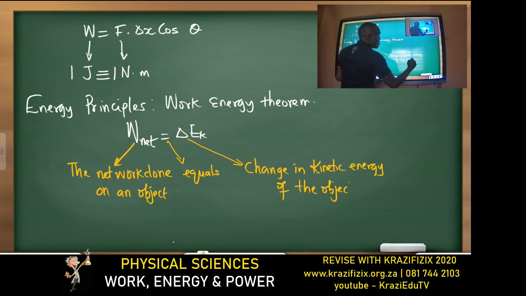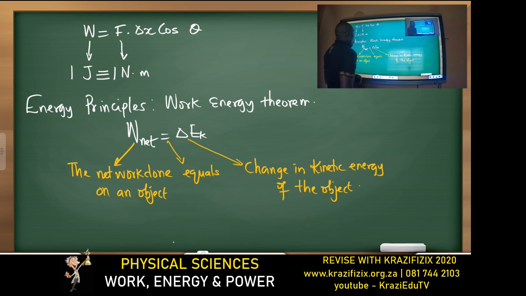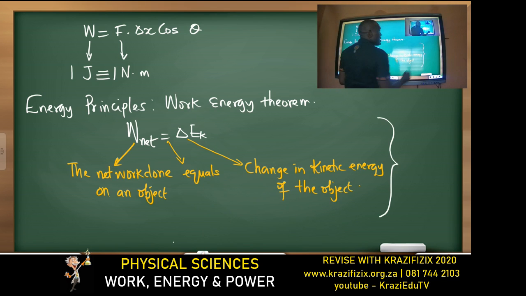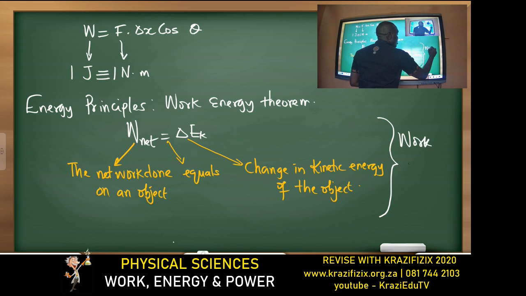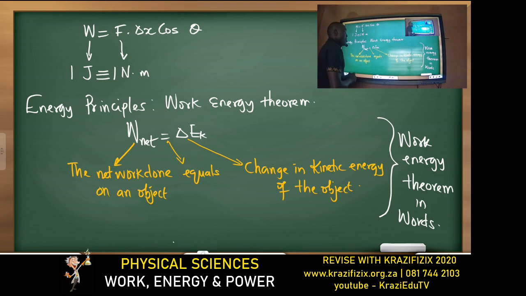This is what you get most of the time in your question 5.2 or 5.3, where the examiner says, state your work energy theorem in words. Just use your formula page to transcribe that into English words, and you are basically done. So the net work done is equal to the change in kinetic energy of an object.